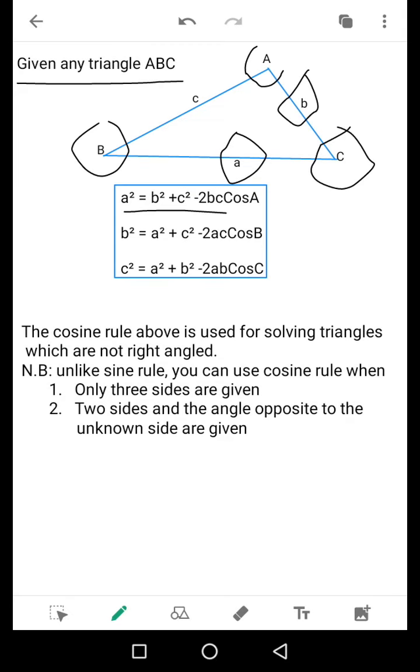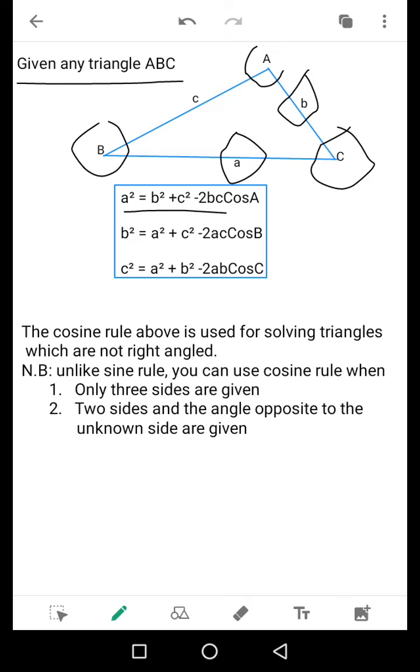Now let's move on. The cosine rule above is used for solving triangles which are not right angled. Take note, unlike sine rule, you can use cosine rule when only three sides are given, or two sides and the angle opposite to the unknown side are given.